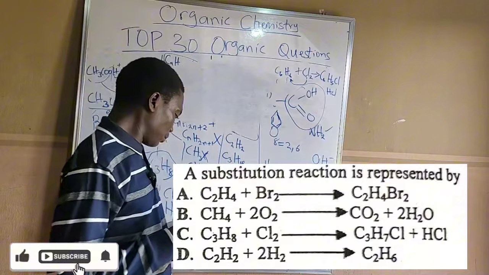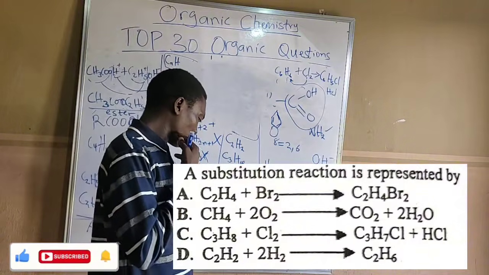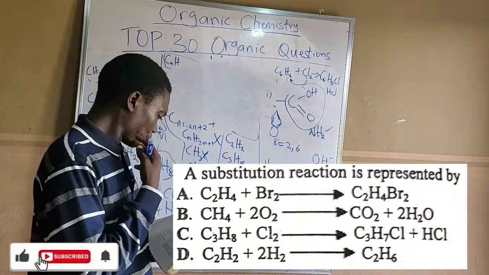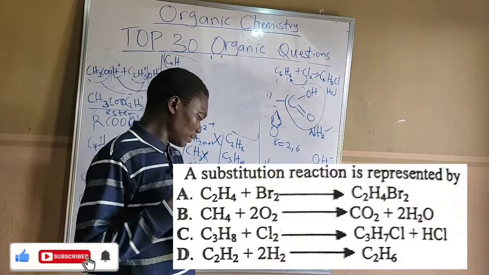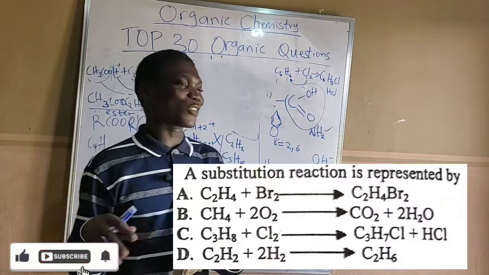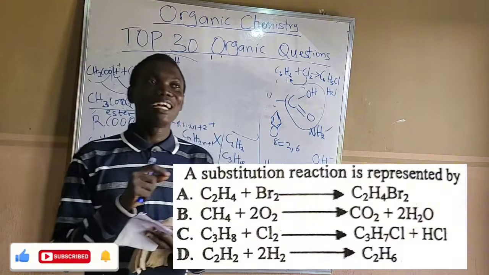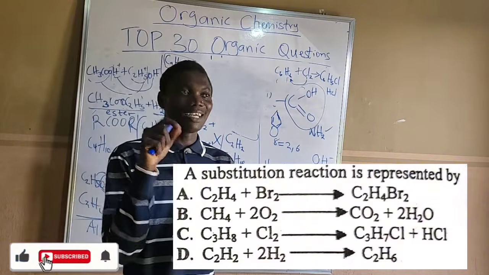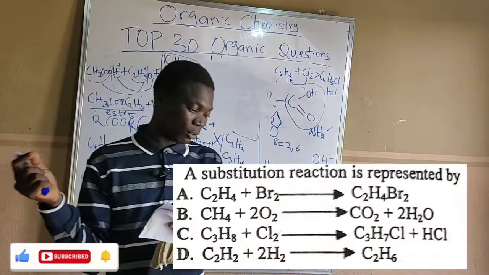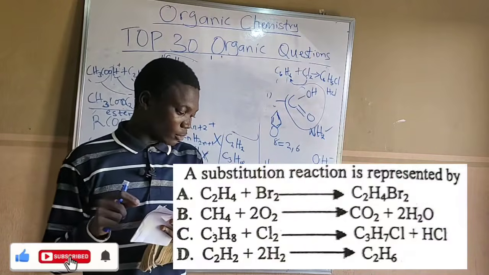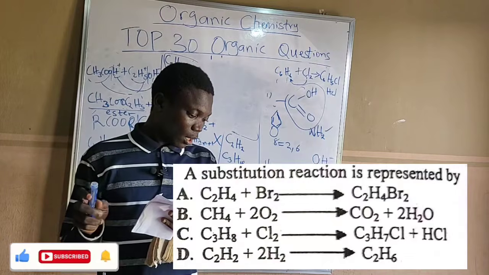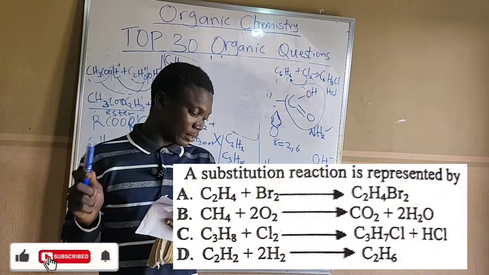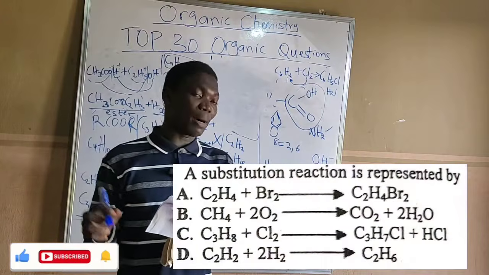Now in this case, when you talk about substitution reaction, I just want to go straight to the options. If you look at option B, methane and oxygen, that is not substitution reaction, that is called combustion, as methane bonds with oxygen in air. When you look at option C, C3H8 is a member of alkanes.